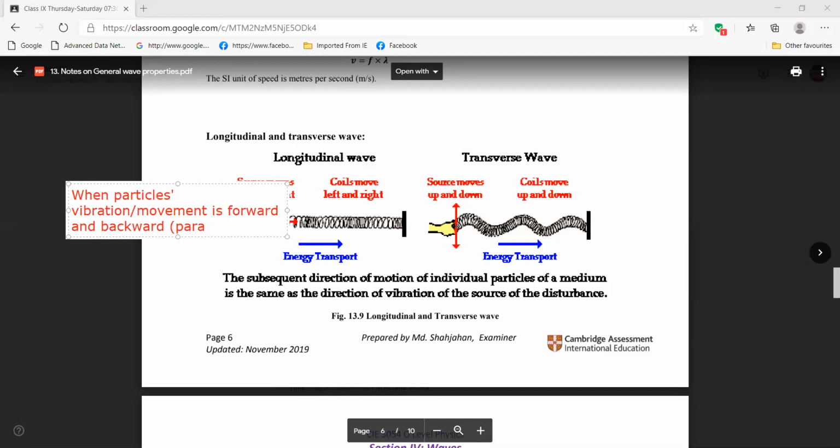in bracket you write parallel with energy transfer direction is called longitudinal wave.